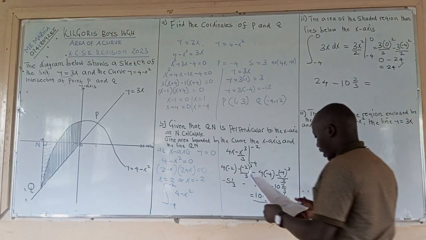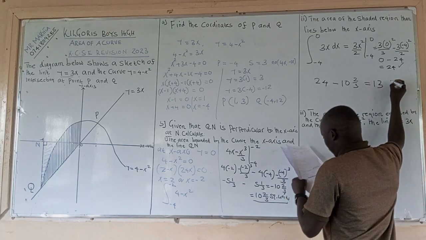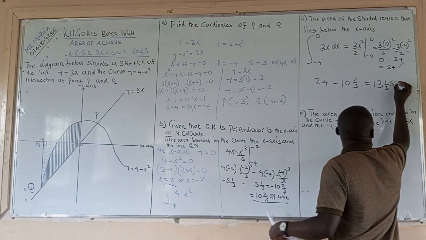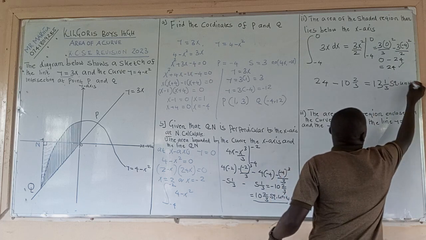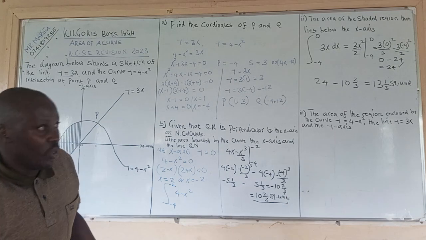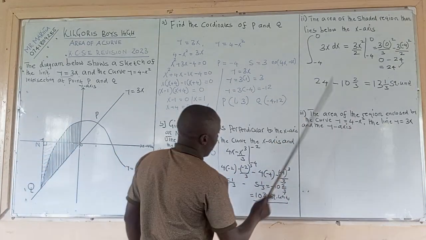If you subtract that, we get that area as 13 and 1 over 3 square units. Correct?